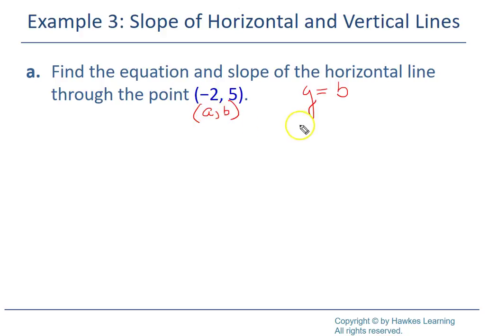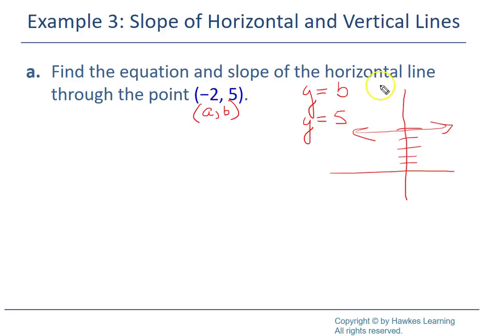So the equation is going to be y equals 5. And that would be a horizontal line, 1, 2, 3, 4, 5, going through 5. Now, what is the slope of every horizontal line? The slope is 0.